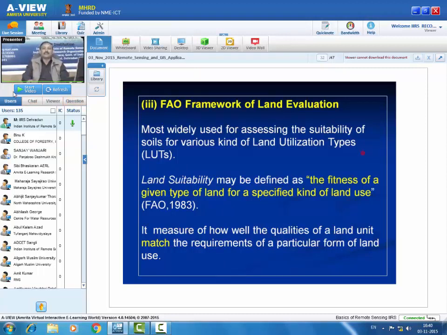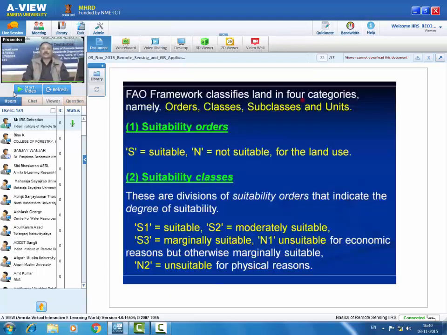Then I have to match the requirement of the crop with the type of soil that is there, and by this I can find out which crop the land is suitable for. It is based on this FAO framework of land evaluation. We classify this area as suitable or not suitable, that is the order.